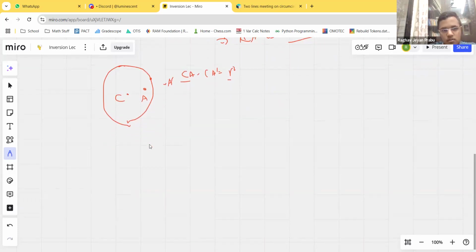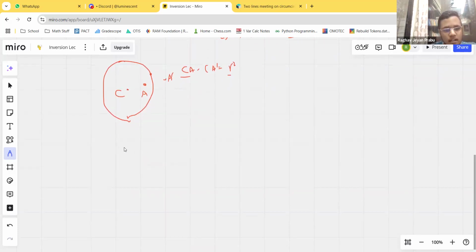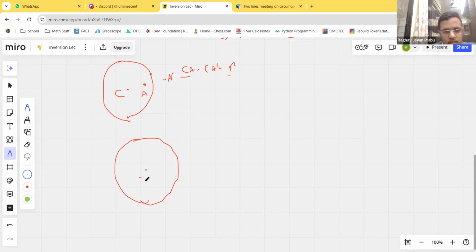Great. So another question: suppose I have a circle with center C, and I have 2 points which are inverses, A and A dash.